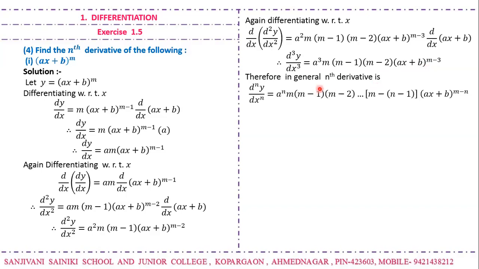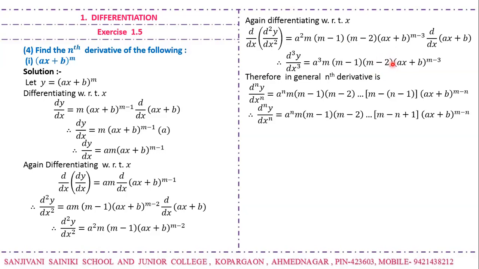So in general, we can write the nth order derivative as follows. Here the order is 3, so a raised to 3. Then we are decreasing this m every time by 1: m, m minus 1, then m minus 2. Now here it is 2, but how can we obtain this 2?